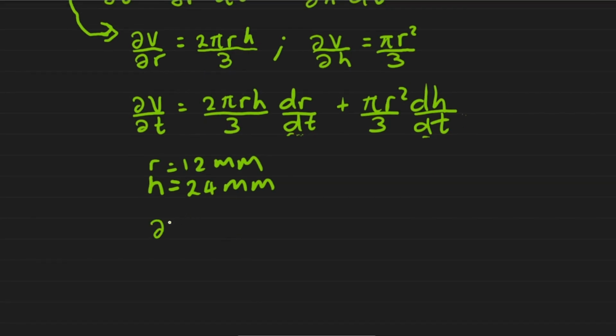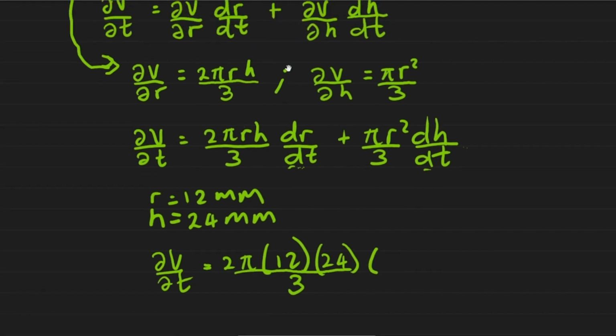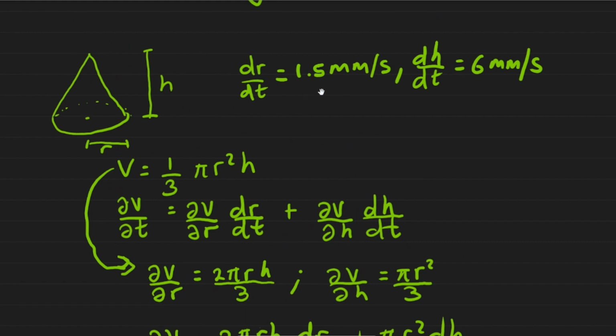So dV/dt is equal to 2π times 12 multiplied by 24 divided by 3. All this multiplied by dr/dt, which we saw to be 1.5.